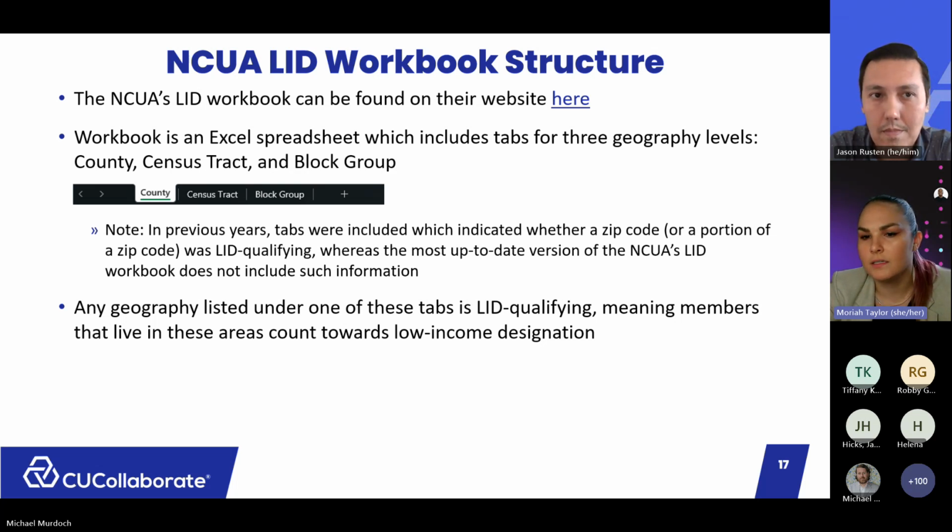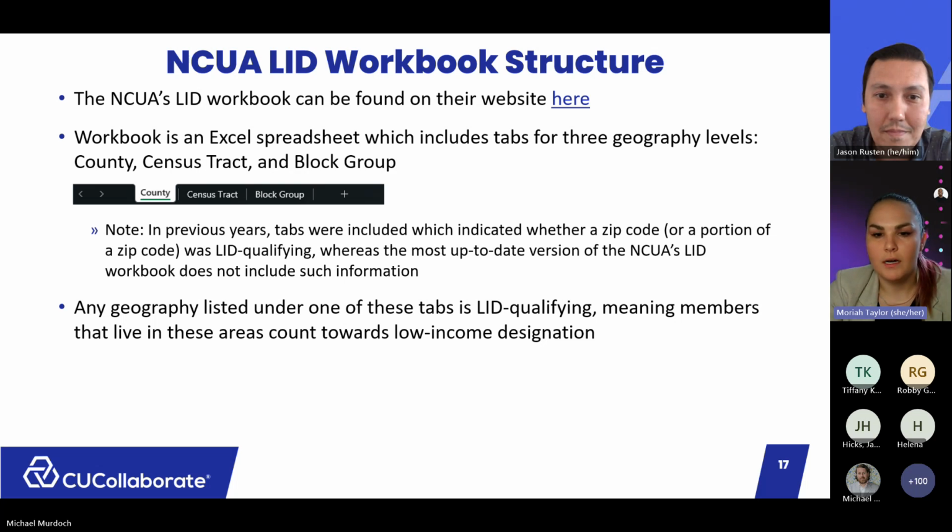It is not designed to evaluate qualification. For that, the NCUA has their own internal tool, and we have confirmed that members are still being evaluated at the zip code level. It's just that they've chosen not to include it in their public-facing workbook.